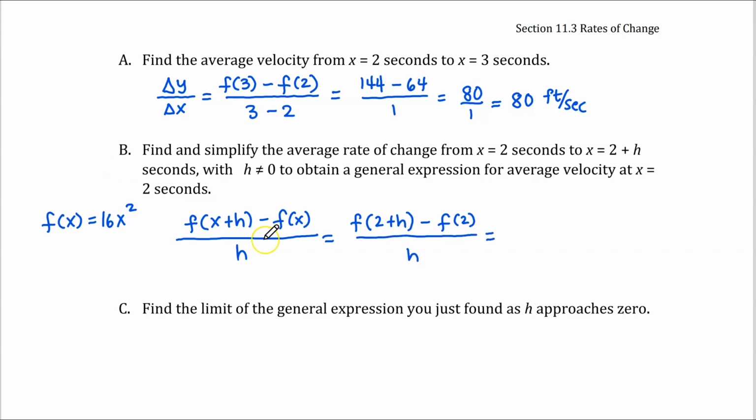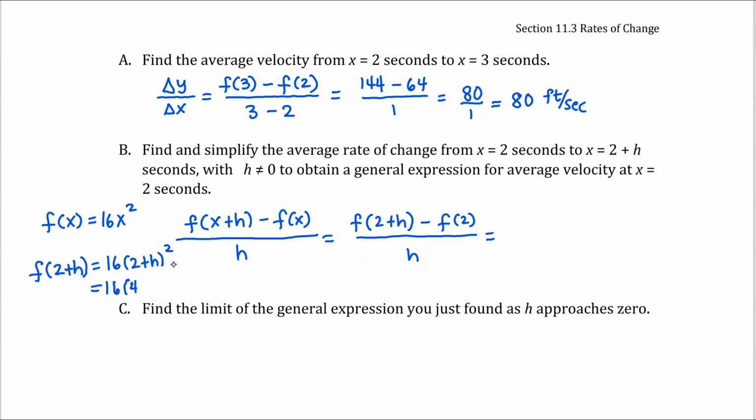To evaluate this, we just replace the x here by 2 plus h. So on the side here, let us get the expression for f of 2 plus h. We have 16 times 2 plus h squared, and then we simplify this. Now we expand 2 plus h squared.